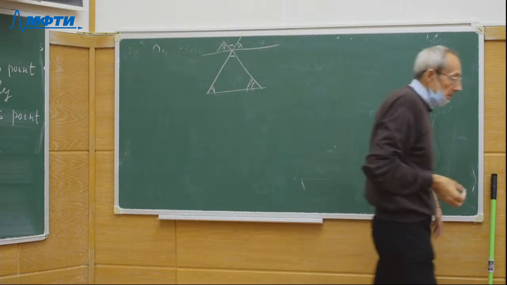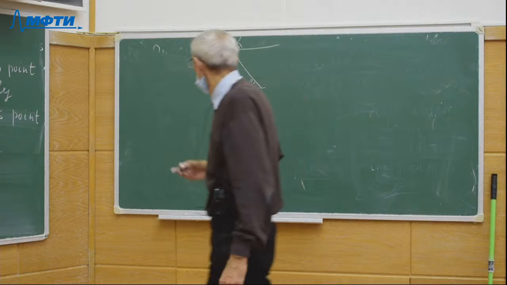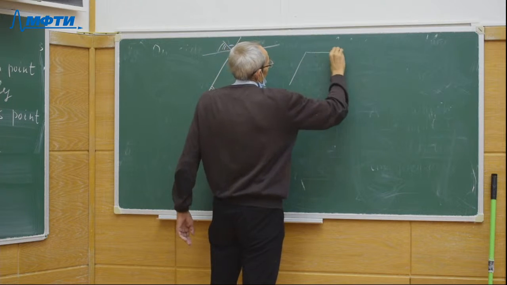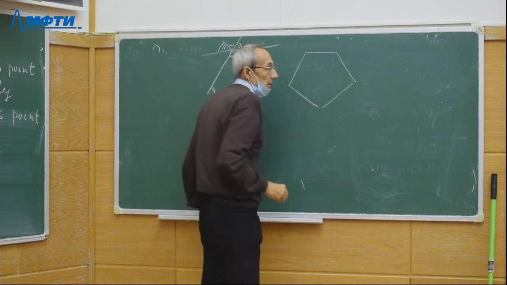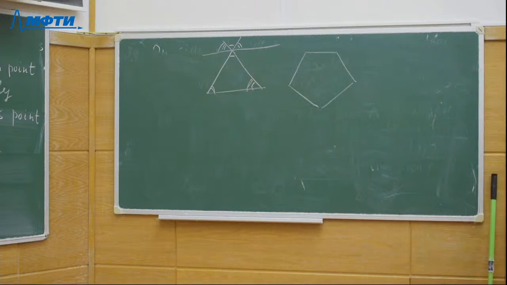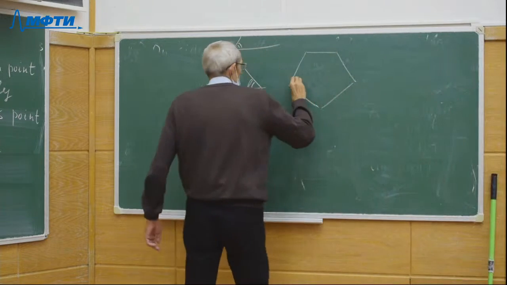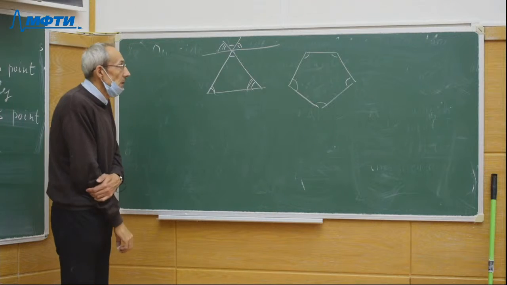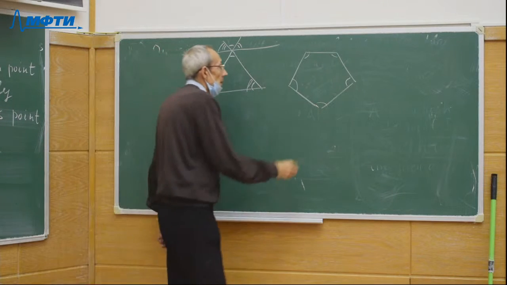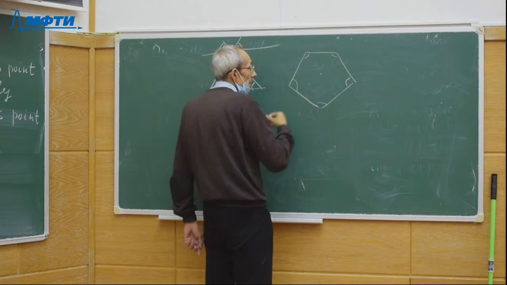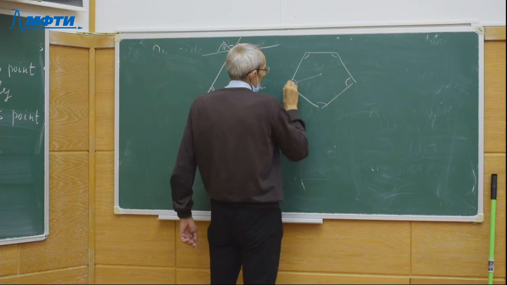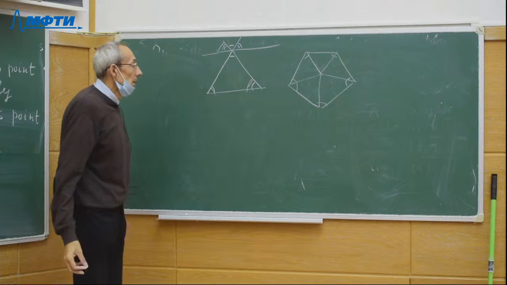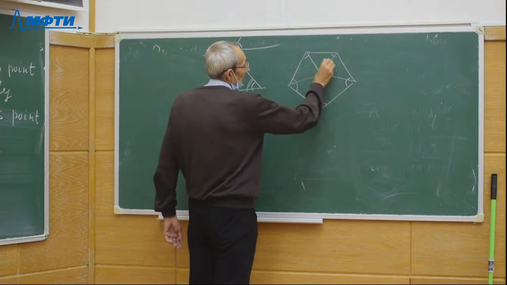We have some simple corollaries for this assertion. For example, we have a convex polygon with 5 sides. The question: how to calculate the sum of these angles in this case? A simple exercise. Let's choose some point in the interior of this polygon and construct these triangles. Let's note that we have 5 triangles.